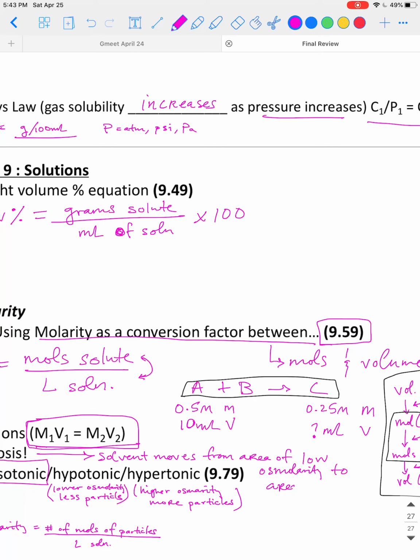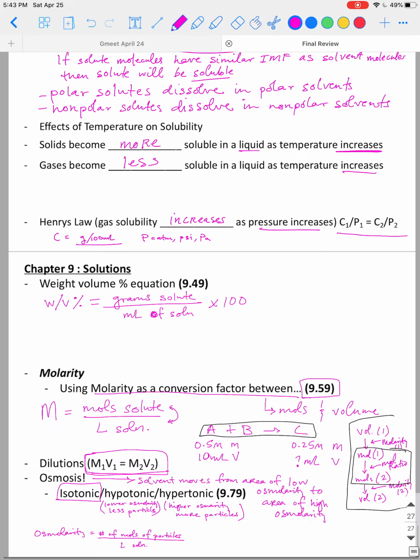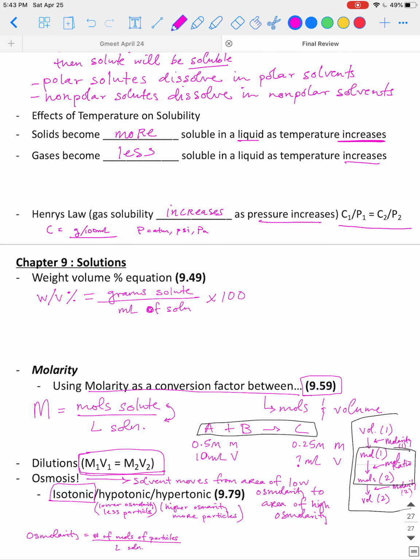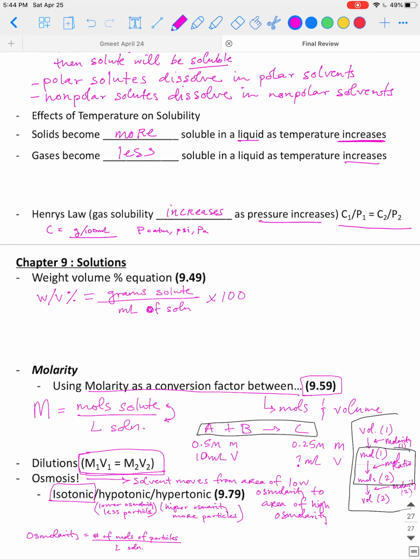They move from areas of low osmolarity to areas of high. Okay, it's not the solute particles that move, it's the solvent. Solvent moves from an area of low particle concentration to an area of high particle concentration in an attempt to dilute it. Okay, that's the way the gradient is set up. So that's kind of it for osmosis. That's it for Chapter 9.